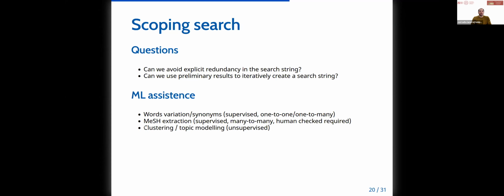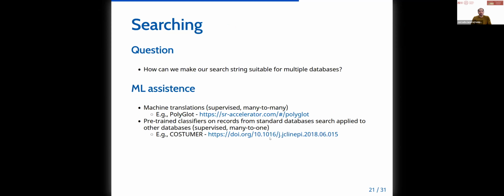If you like, you can put them together in a clustering algorithm to highlight the similarities of those records that you have already retrieved manually that are according to your topic, to see what maybe are the keywords or the topics that you can use to create similarities between them.